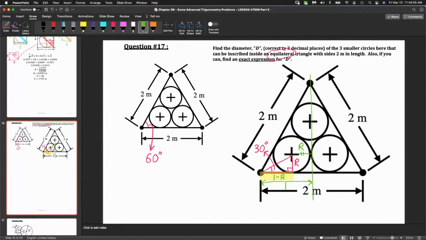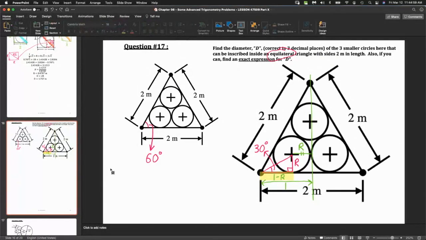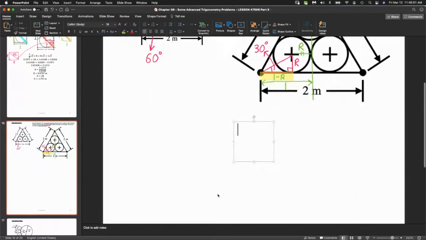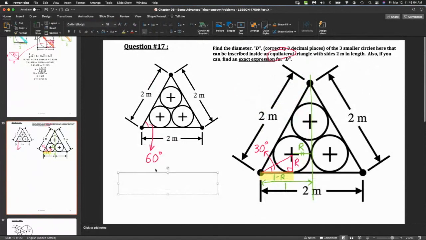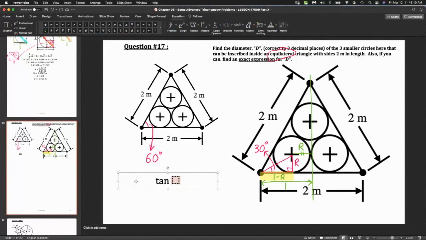You're welcome. So, my friends, we are almost done the question. How exciting. We have a sine of, no, tan, my bad, tan of 30 equals r over 1 minus r.